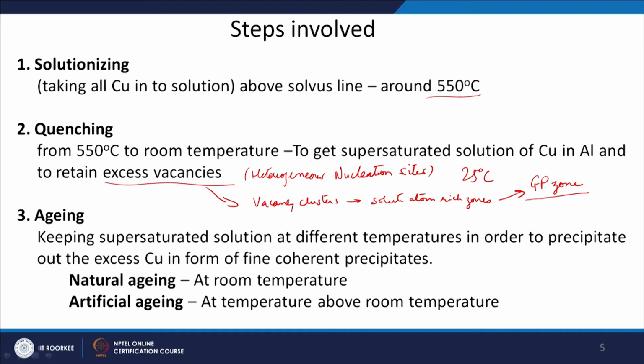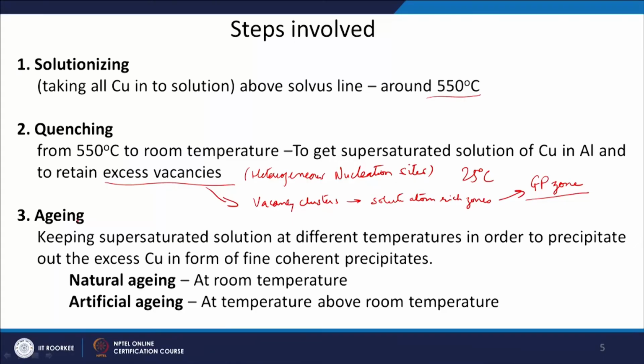So excess vacancies are very important in this. One is the supersaturated solution, so that you have more copper inside the solution which should not be there, and then you have vacancy clusters. So this copper atom will come and sit in these vacancy clusters, okay. So this is the formation of GP zone.